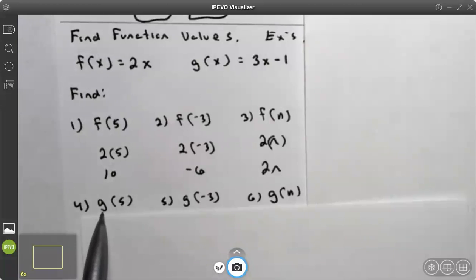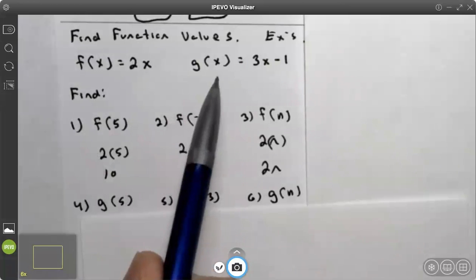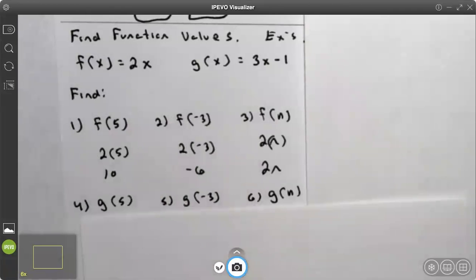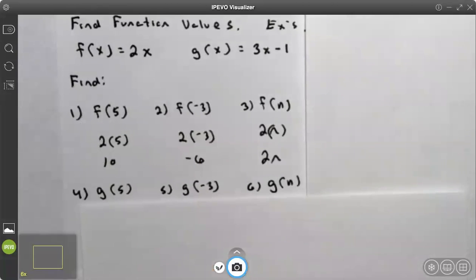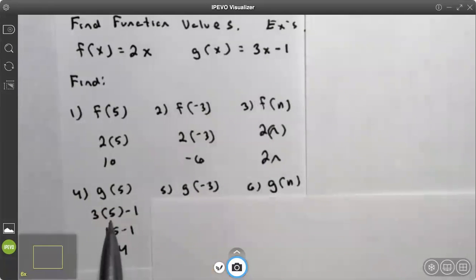On number 4, it's asking for g, so we have to look at this function. It's not asking me for f, it's asking me for g. g of x is 3x minus 1. Find g of 5. Do number 4. And your answer is 14. You take this 5, plug it in right here. You get 3 times 5, which is 15. Subtract 1 from it.